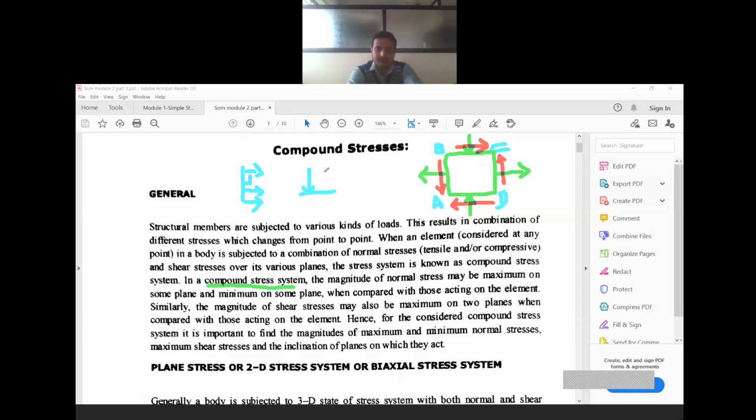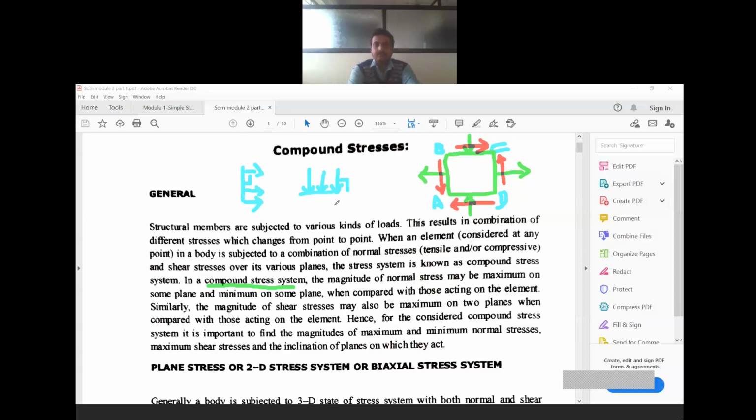Compressive stress will be acting like this, which again is normal to the plane. What does normal to the plane mean? The stresses are acting perpendicular to the plane, that is, 90 degrees with the plane. Are you understanding?